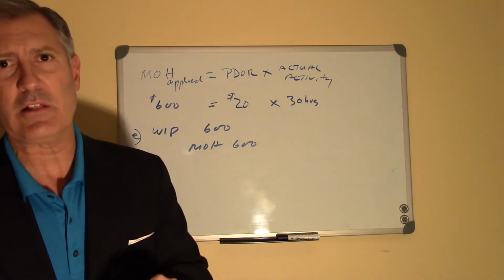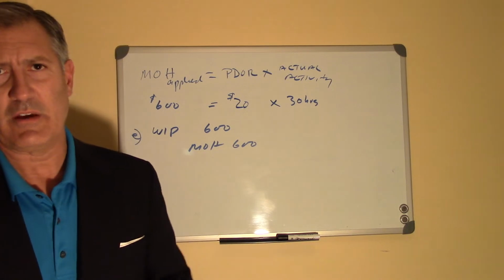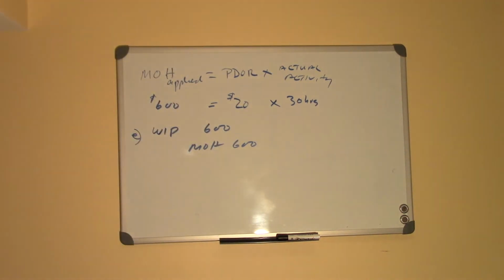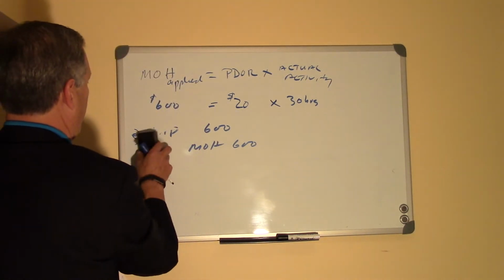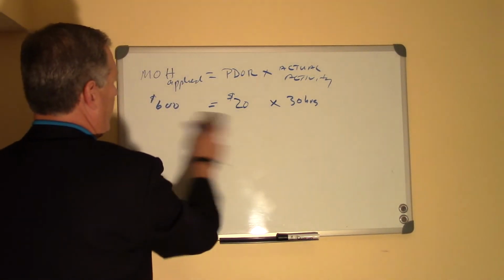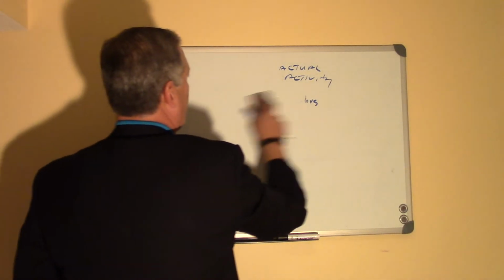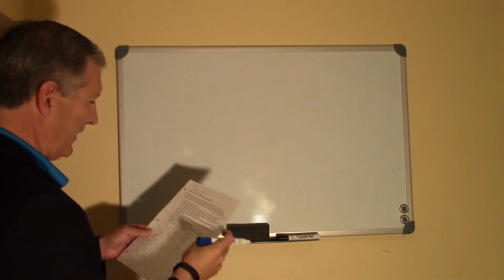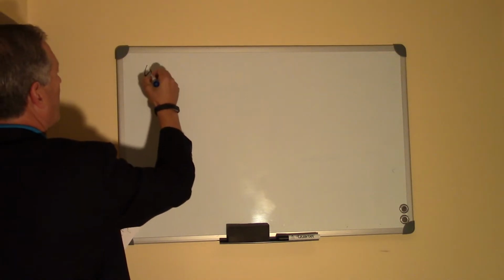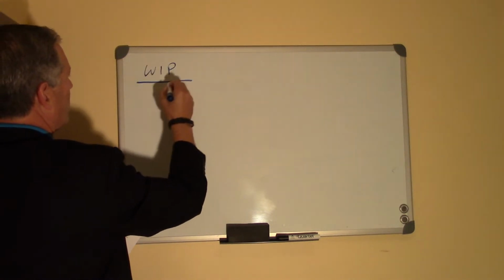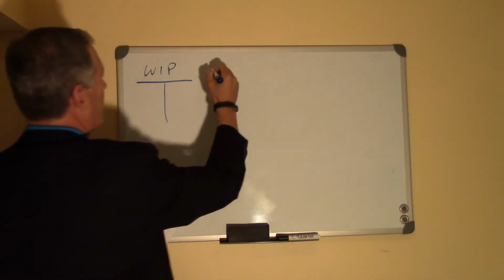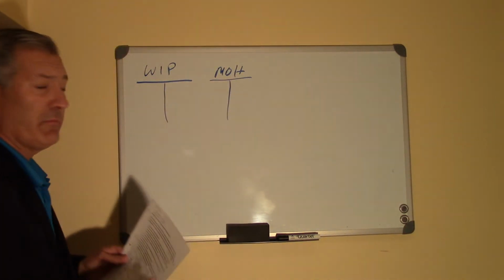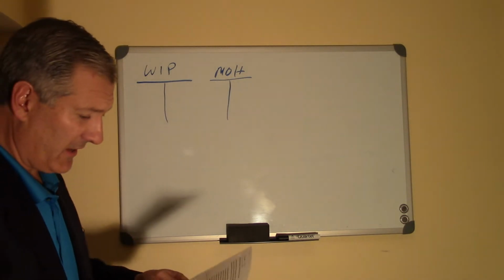But we also want to take a look at the costs that we've accumulated so far for job A and job B. So we're going to put those over here. We're going to take a look at the work in process account. And we're going to take a look at the manufacturing overhead account. We're going to post some of those transactions that we had.